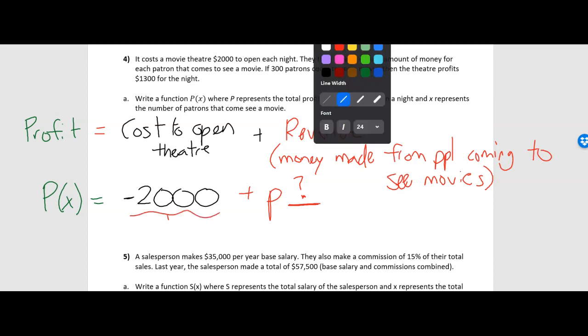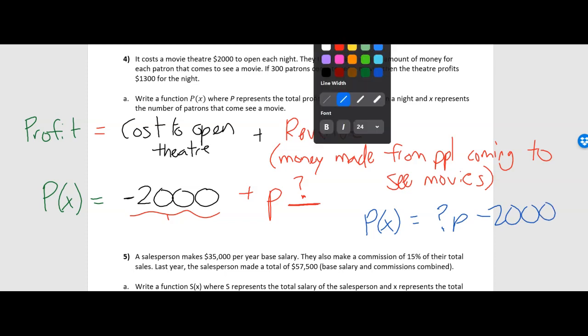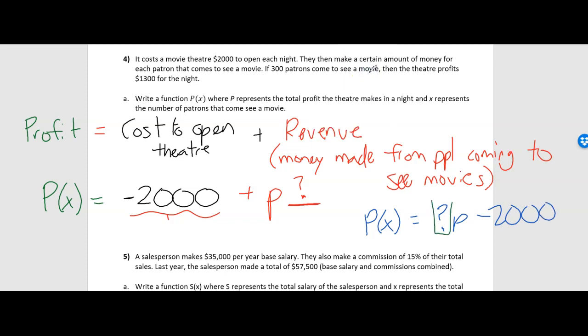And maybe it'll help if I rewrote this a different way. If I did P of X is equal to question mark times P minus 2,000. Right? This should look like slope-intercept form, where that's our slope, and this is our y-intercept. So if we could figure out what the slope is, we would be able to write our function.